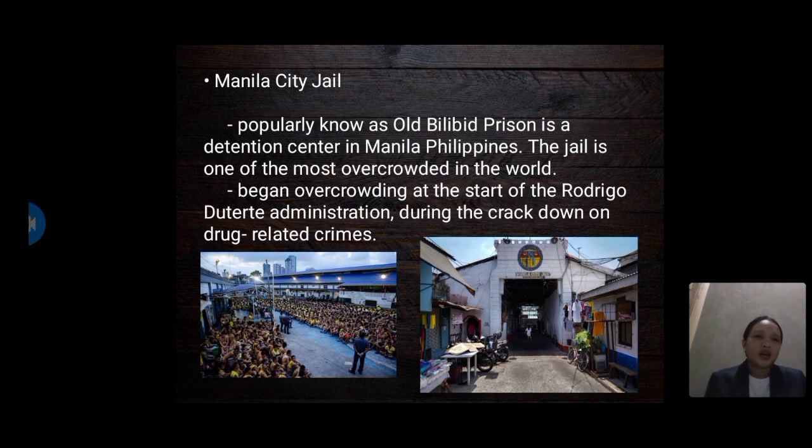Old Bilibid Prison was, I think, the biggest jail here in the Philippines, but it was reported to be the most overcrowded in the world, and it's not good to say that.